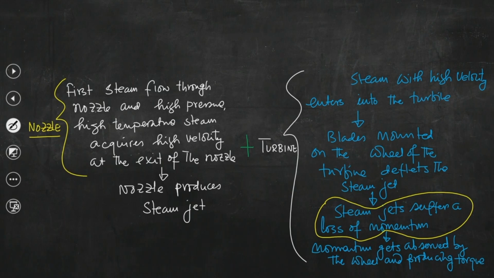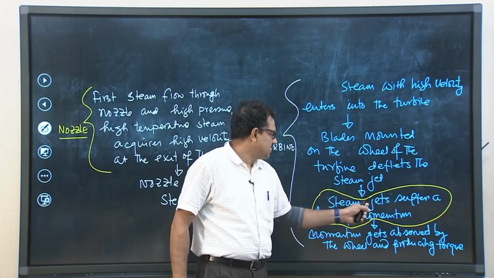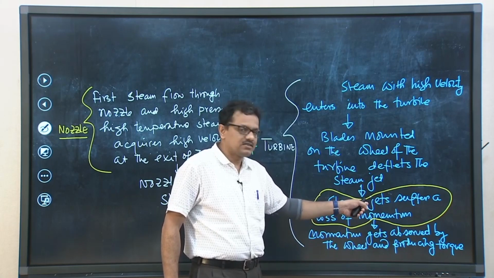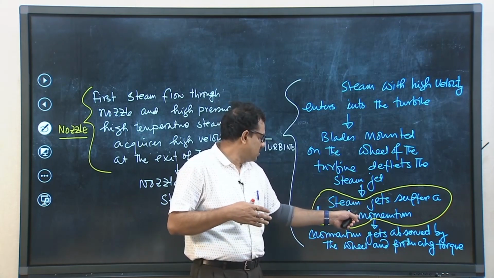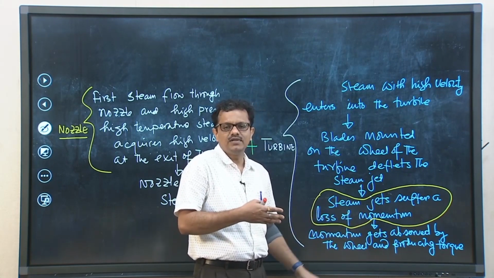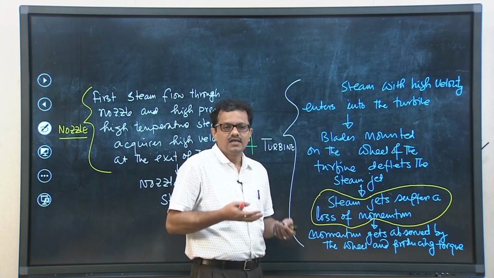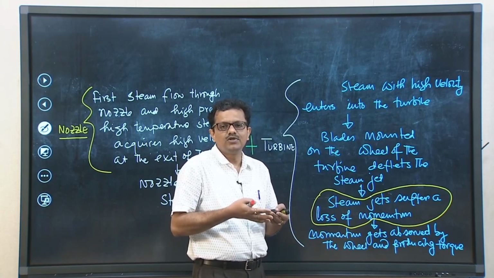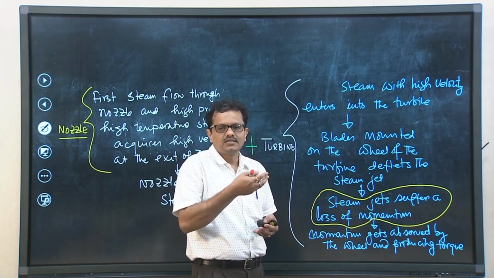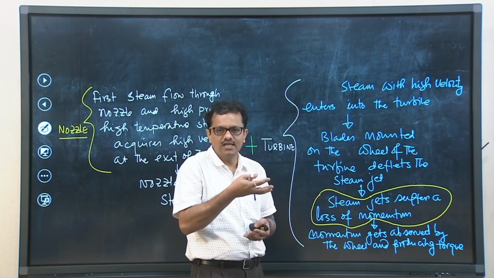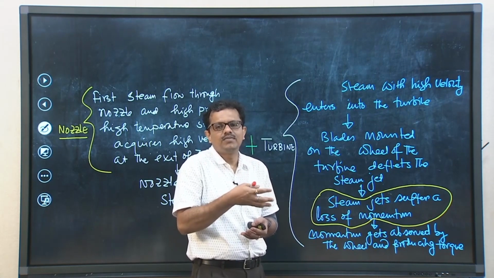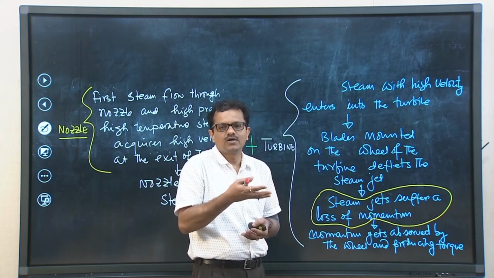Let me tell you once again, we have understood till now that if steam jets suffer a loss of momentum, and if that loss of momentum is high, then definitely the shaft work or torque produced would be high. So, if we can extract a significant amount of momentum from the flowing stream, and design it so that the momentum is absorbed by the wheel, we will get higher work output.